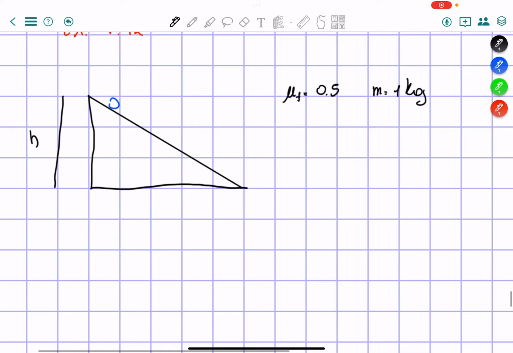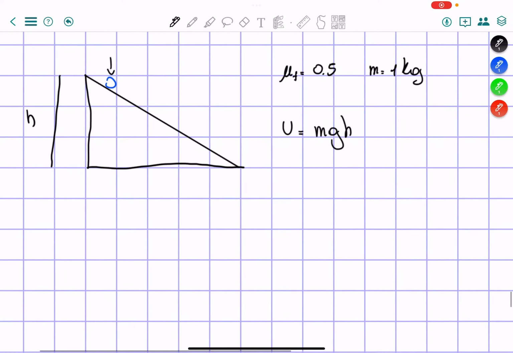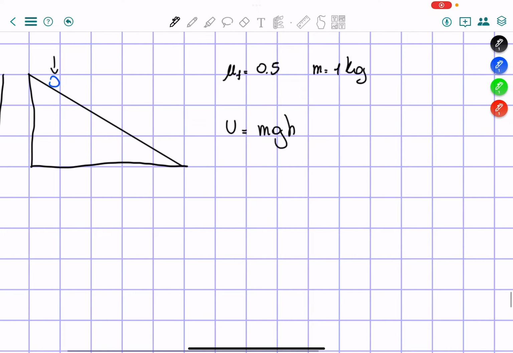First of all, I know that the force pushing it down is going to come from the potential energy. So it's going to be equal to mgh, which only depends on height. To find the force, I have to differentiate this in terms of, in our case, y.